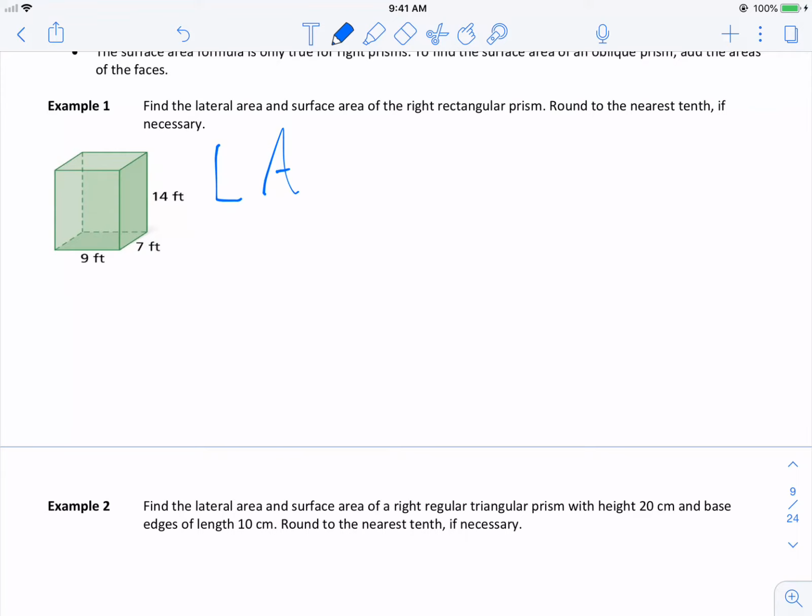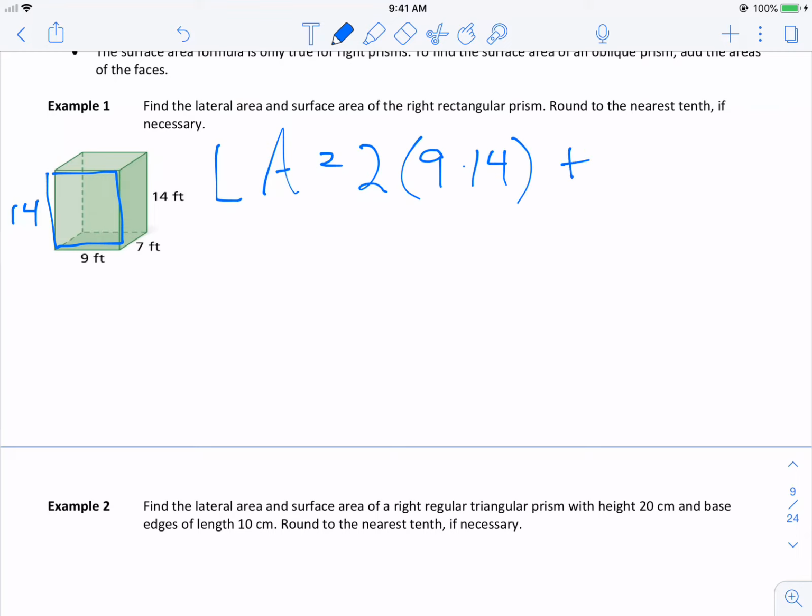faces of the object. So in this case, we have a front face and a back face that are going to be the same. Okay? The dimensions of that are 9 by 14. So we have two of these front and back faces, and their individual areas are going to be 9 by 14.